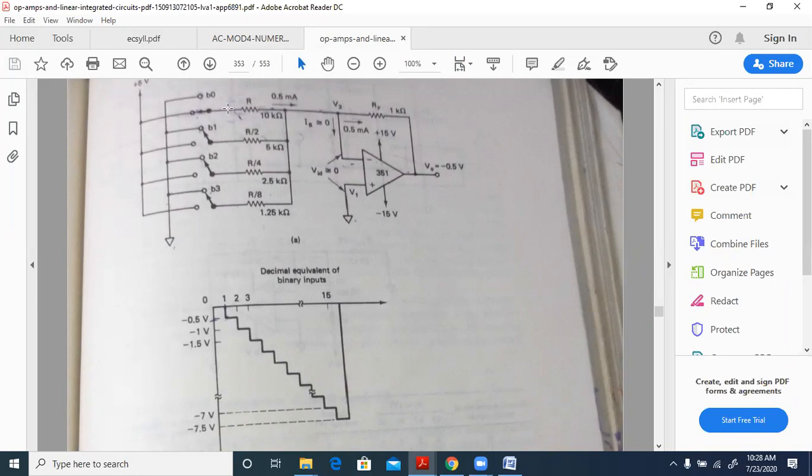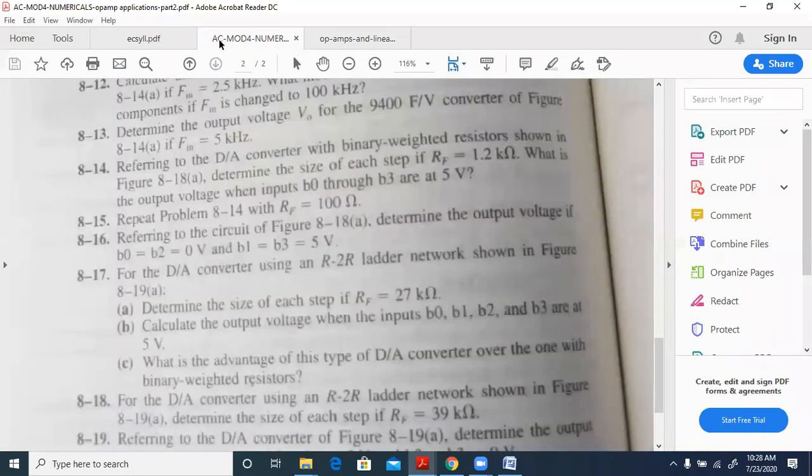So the formula for the step size is V reference divided by R multiplied by RF. Just remember that, and naturally that step size should be multiplied with a minus sign, and then with whatever value we have, to get the final output.